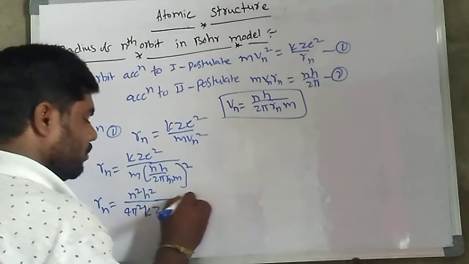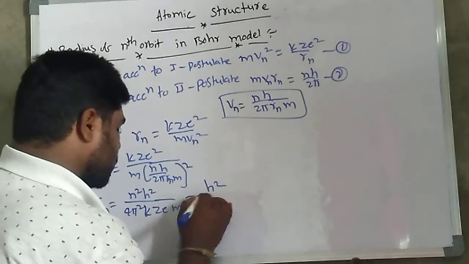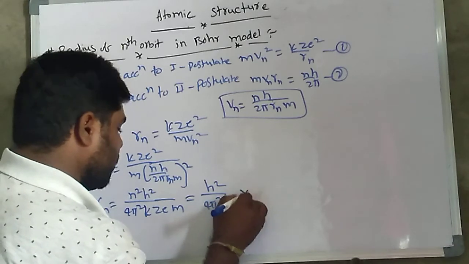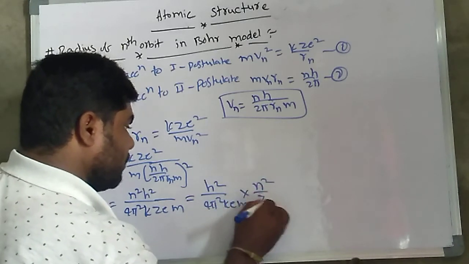I am going to modify this: rn equals h square divided by 4 pi square k e square m, into n square divided by z.